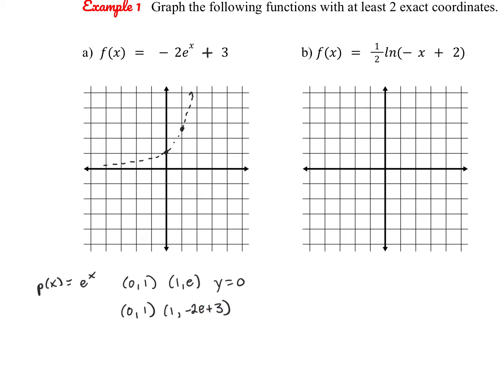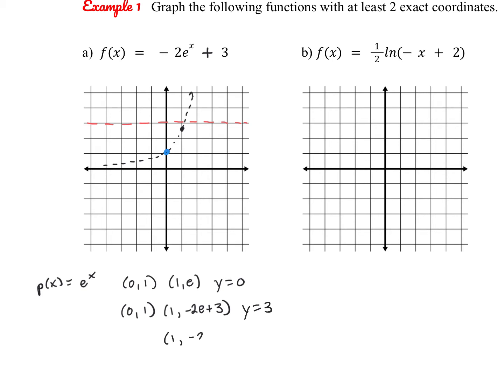We can estimate that value to help us graph. And then I multiply this by negative 2 and then add 3. So it shifts up 3. So our horizontal asymptote is here. And then we have the point, again, (0, 1). And then you can get a decimal approximation for this point to help you graph.